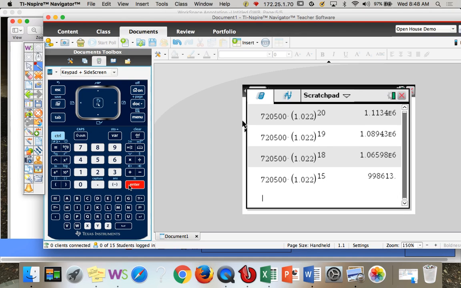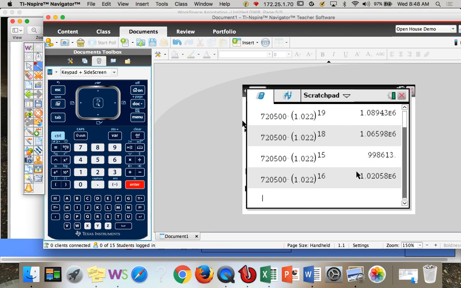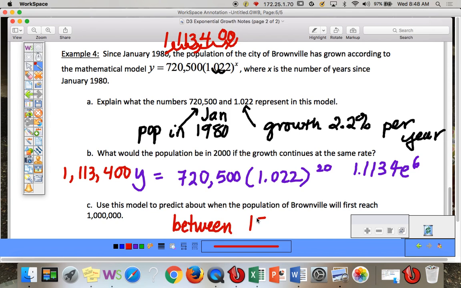Okay, it's probably between 15 and 16 because this is almost a million. Okay, so it's between 15 and 16 years. And this is our x value, and x is between 15 and 16 years.